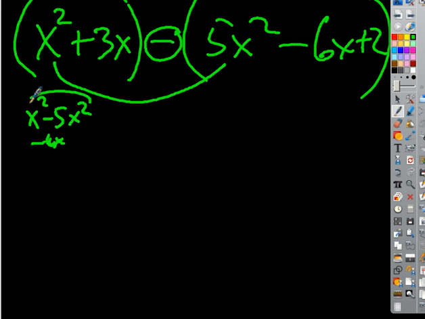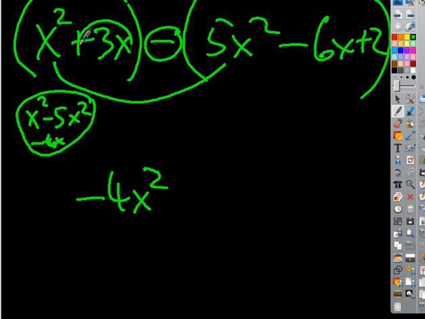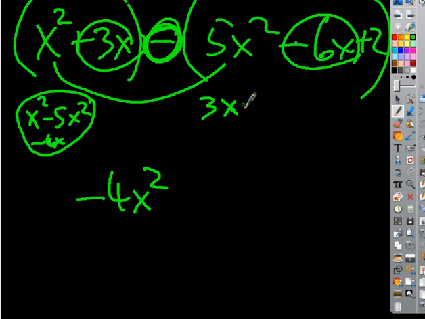So you can do your work on the side if it's confusing or if you're struggling. So I have negative 4x squared. My next term is 3x. I've got a 3x here and a minus 6x, but I'm subtracting. If I subtract negative 6x from 3x, so I have 3x, and I'm subtracting negative 6x.